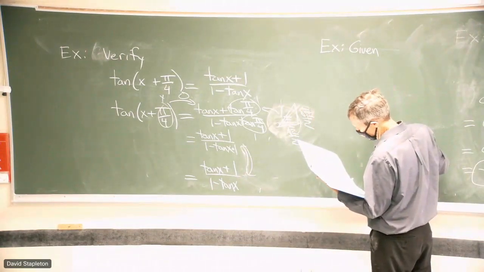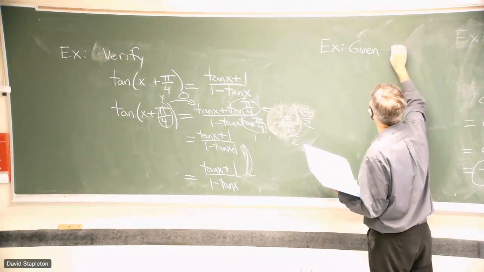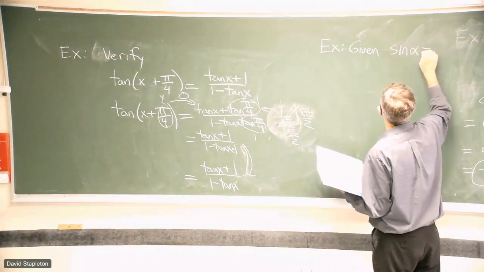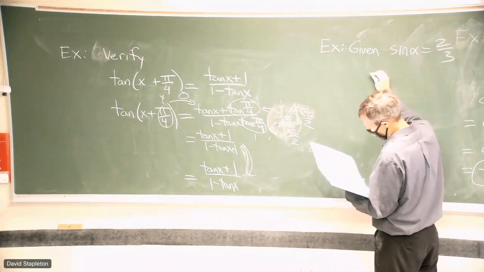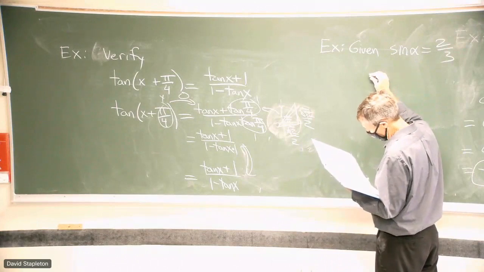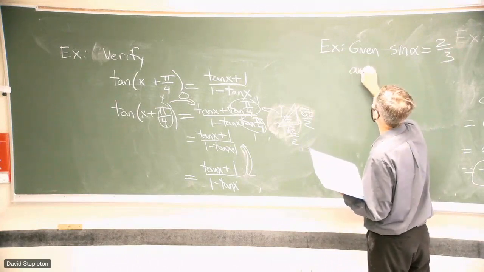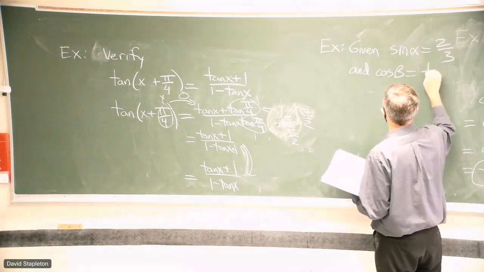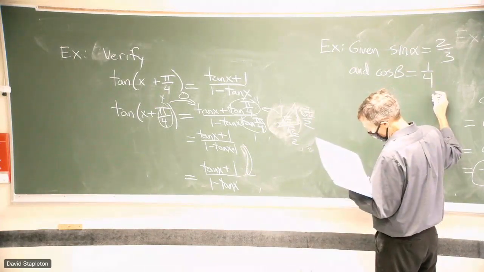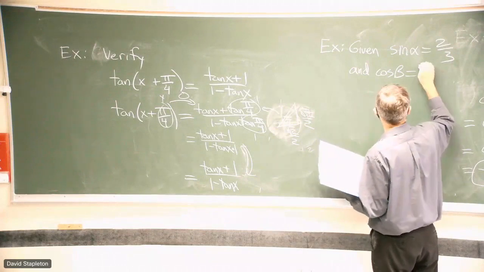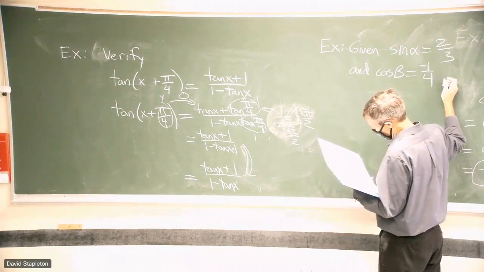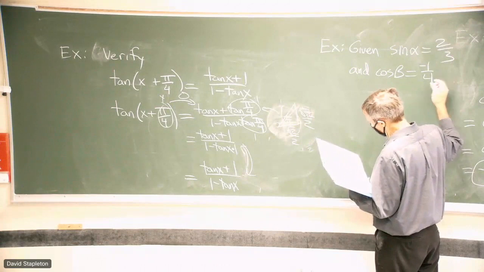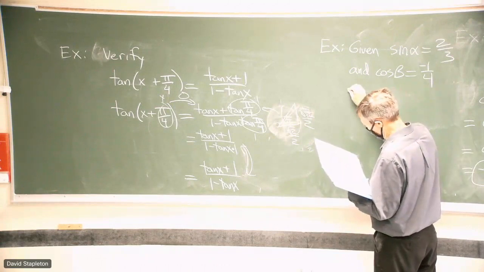Given, and this comes out of every trig book you'll see. It's a real good way to do mental exercise. Given that the sine of alpha is 2/3, and cosine of beta is minus 1/4, sorry, with alpha and beta both in the interval pi over 2 to pi.